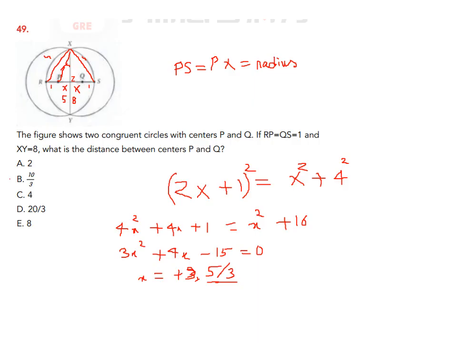Now after solving the equation, we get x equal to either 3 or 5 by 3. That is the x. So what will be the 2x? That is x plus x. 2 multiplied by 5 by 3, that is 10 by 3. The answer will be option B.